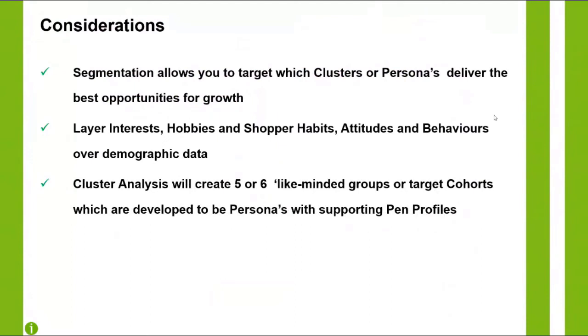What normally happens if you were to do something like this is the data will create 5 or 6 groups or cohorts. So your 100% of population will be broken down into smaller groups of people, which then become personas and then developed to be pen profiles.